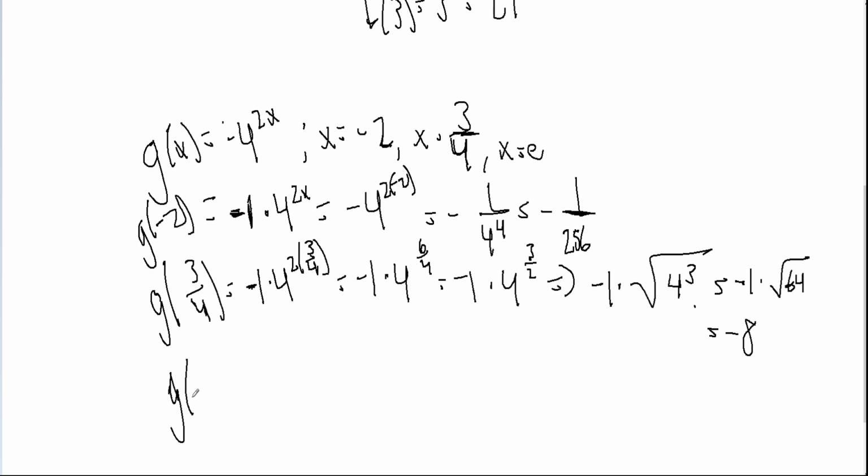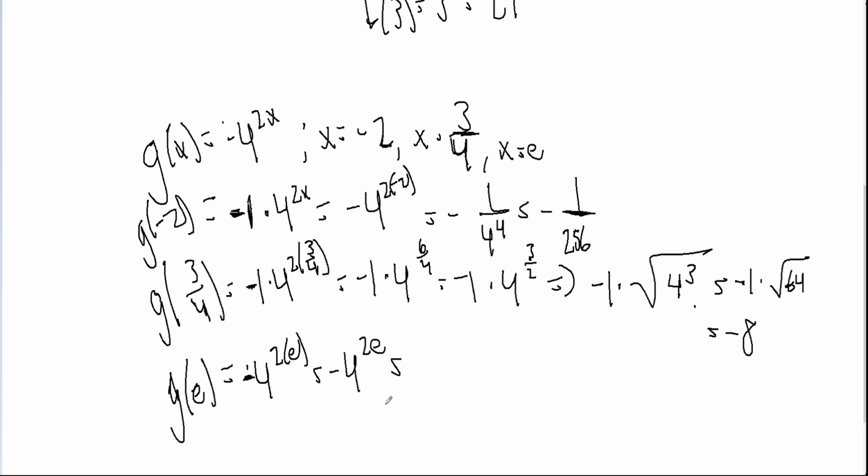And finally, we have g of e. Here, e is something that you'll see later on. It's very helpful for natural logarithms, and it's also generally used for exponential functions. So we have -4 raised to the 2 times e, which is just -4^(2e).